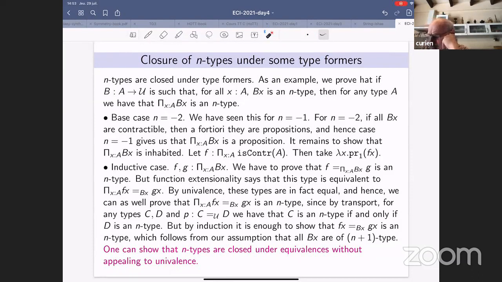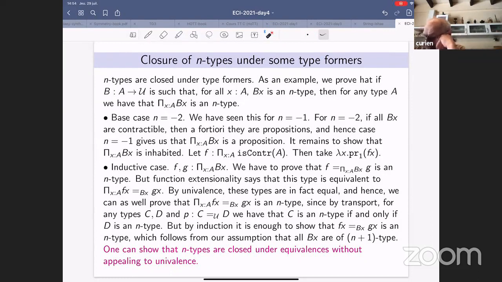Just as we showed already that propositions are closed under the type constructions, and this is important to do logic, to do the Curry-Howard, because if we stay within the world of propositions, then everything is a proposition if I form types out of propositions, this applies to actually any n.